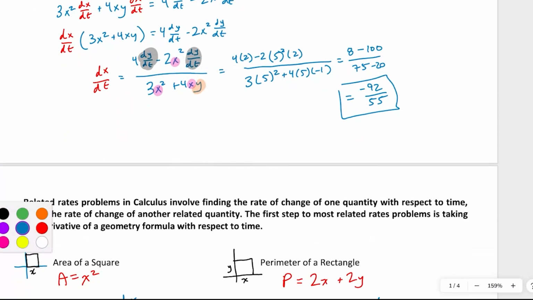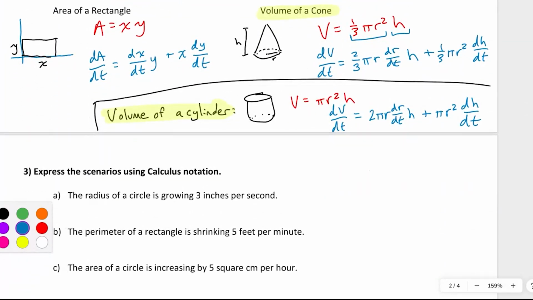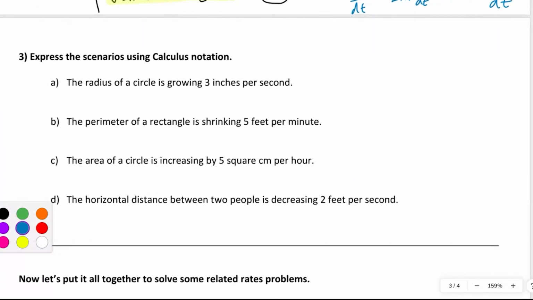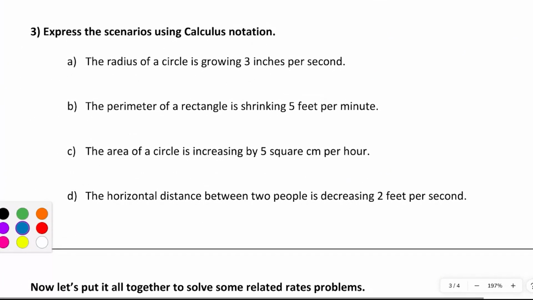Now, before we actually get into these problems, one more thing. I want us to practice identifying the given information using the calculus notation, the d over d notation, the Leibniz notation.